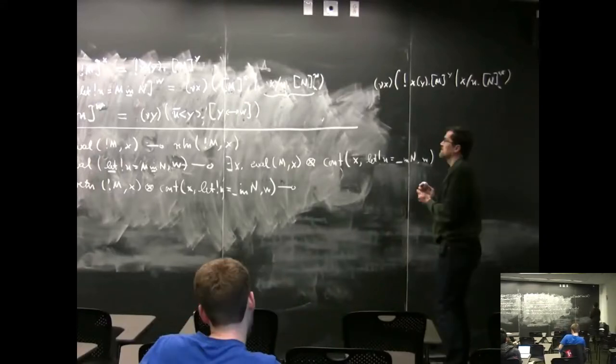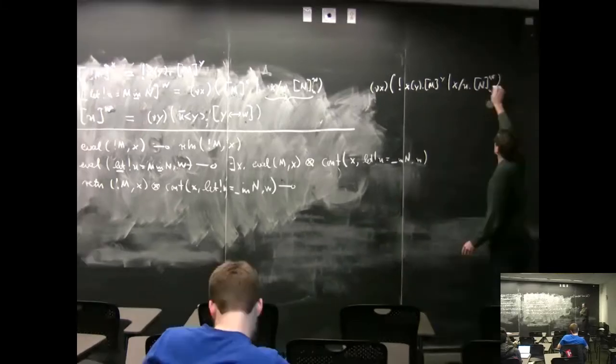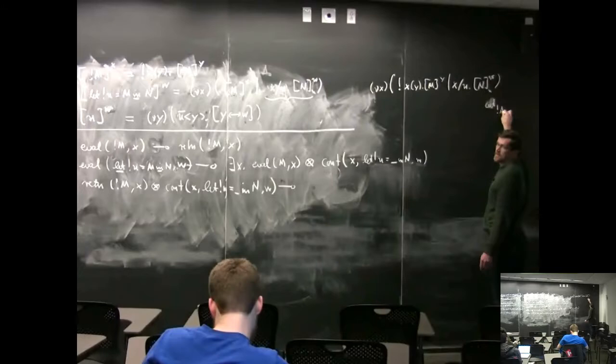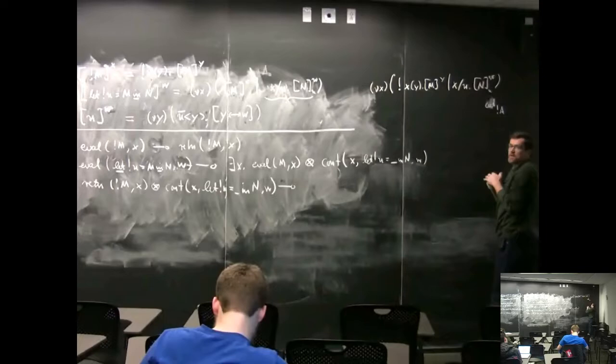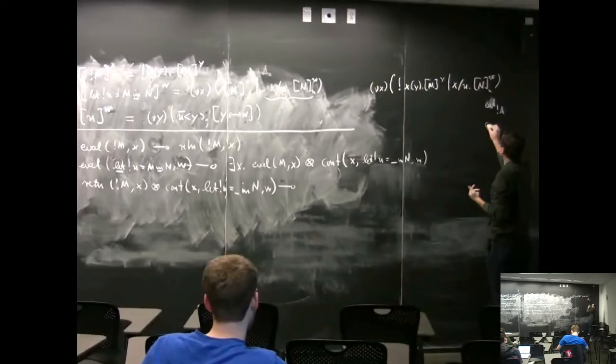Right. So this corresponds to a cut on the formula !A, where the label of the channel is x, because this is of type !A on x, and this expects x : !A on the left.